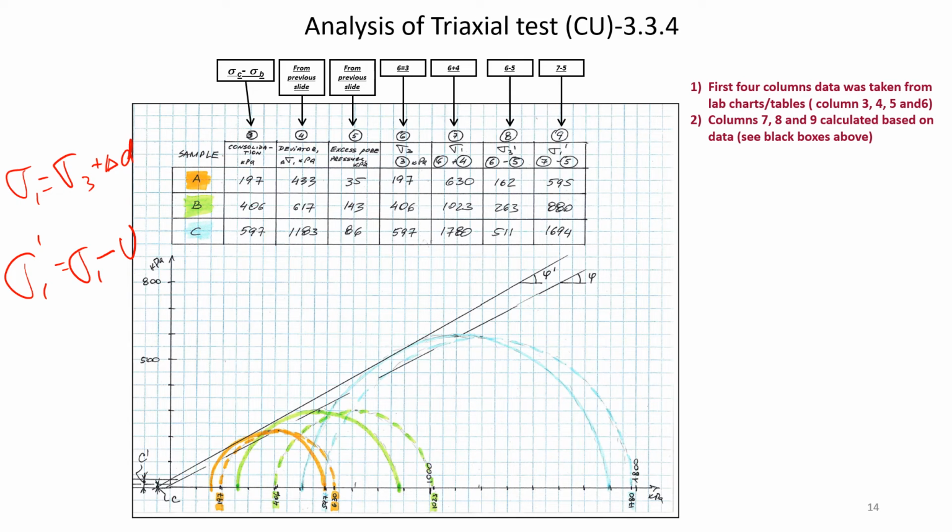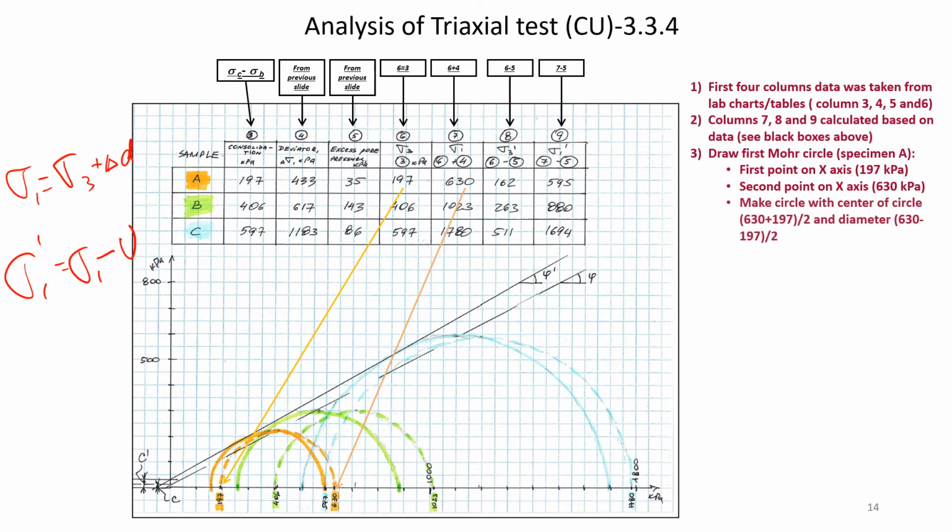I will explain exactly how to calculate all these columns. So you take first sample A, sigma 3, you take the second point 630, and you actually have a Mohr circle with center at 630 plus 197 divided by 2, with diameter 630 plus 197 divided by 2. Okay?